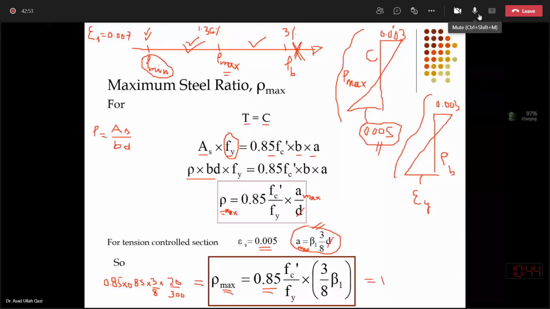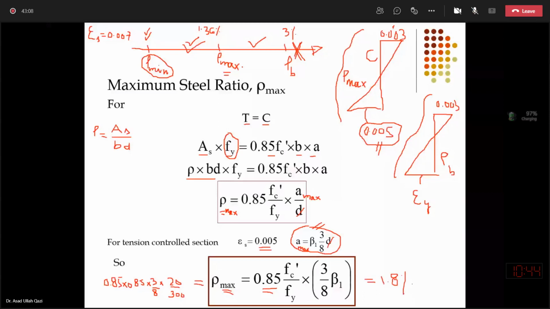So let me convert it into percent. So it is 1.8%, multiplying with 100. So it means rho max is 1.8%.